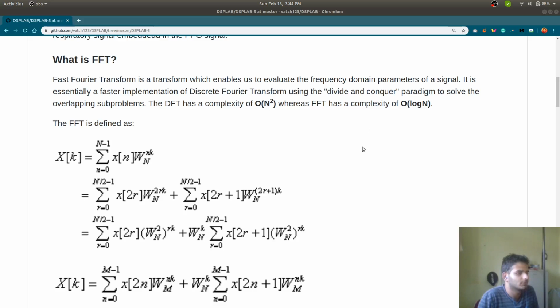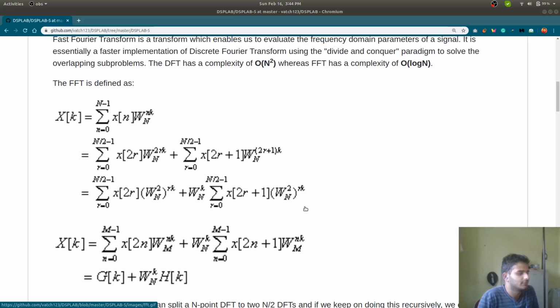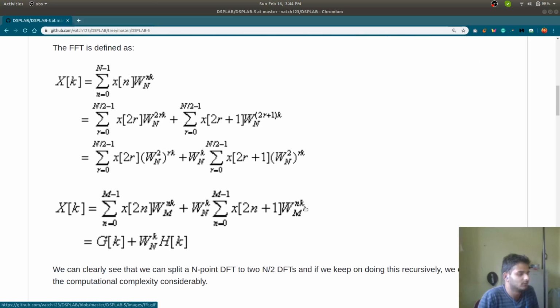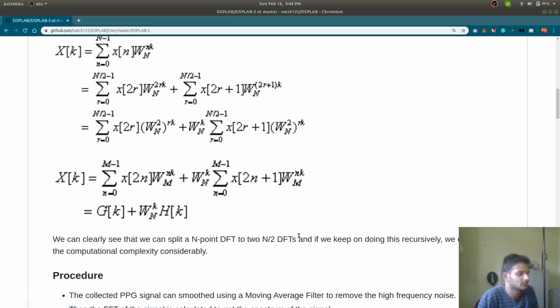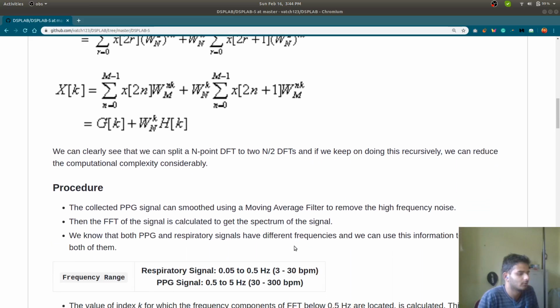So the net complexity of FFT will turn out to be O(n log n) rather than n squared. So FFT is not a new algorithm, it is essentially the same thing as DFT, only the way it is implemented is different.